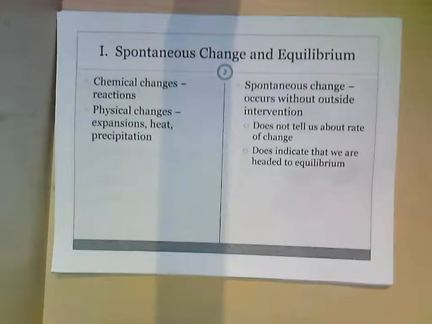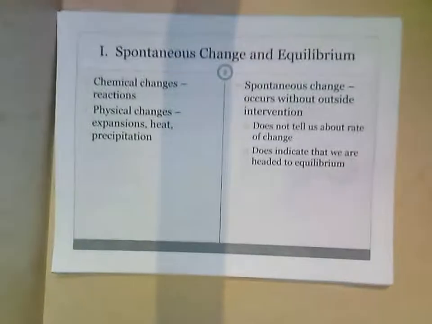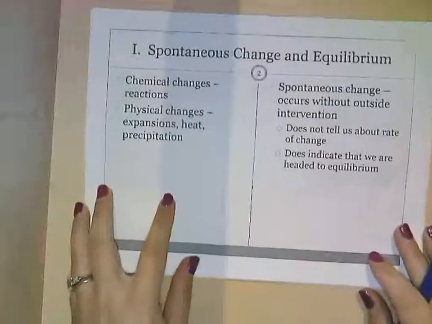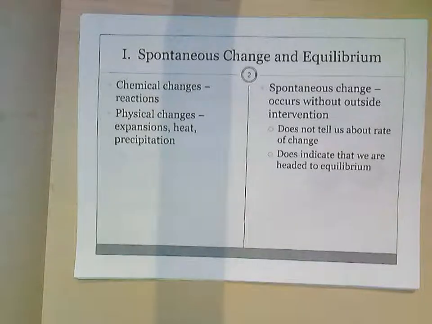All right, so some of this stuff you are familiar with from other classes or maybe 108, depending on how recently you took it. There is this thing called spontaneous change, and we're going to talk about spontaneous change and how it relates to equilibrium. There's two kinds of change: chemical changes and physical changes.